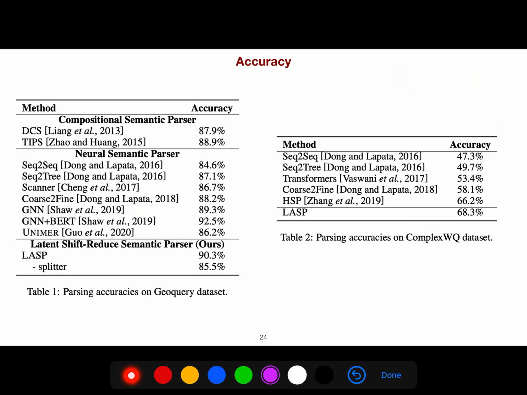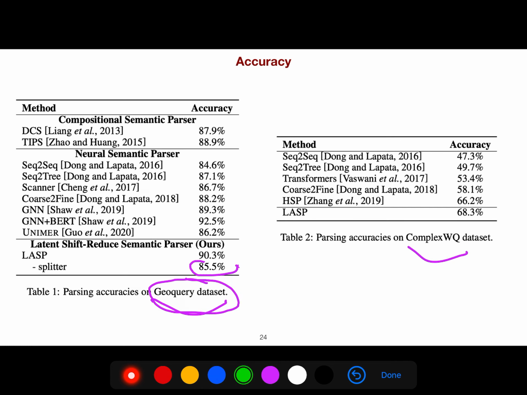And so the accuracy of this algorithm is quite interesting. So they use the splitter, and they have high accuracy for GeoQuery. Of course, GeoQuery is relatively very simple in comparison to, for example, complex web questions.